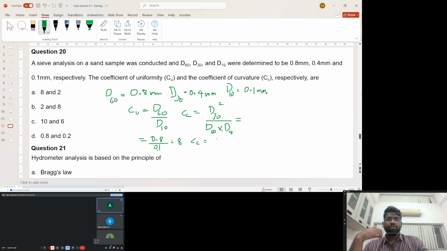Cc is 0.4 into 0.4 divided by 0.8 into 0.1. So it can be written as 1.6 by 0.8, which is 2.